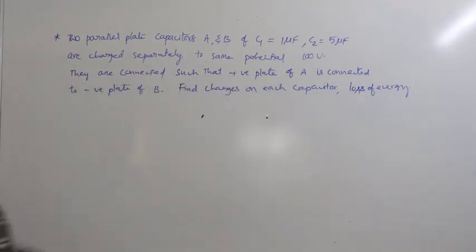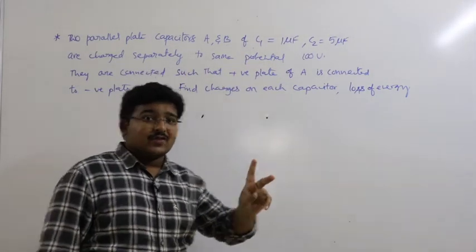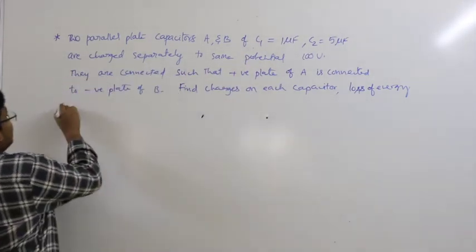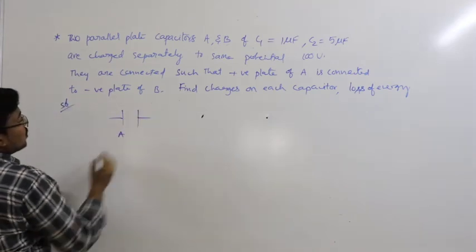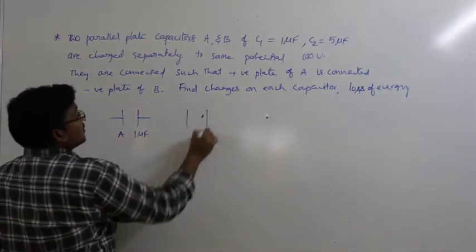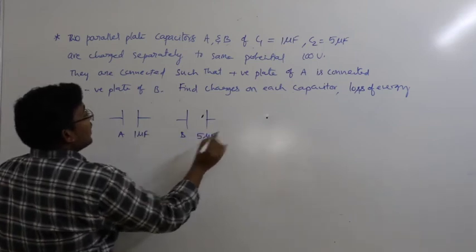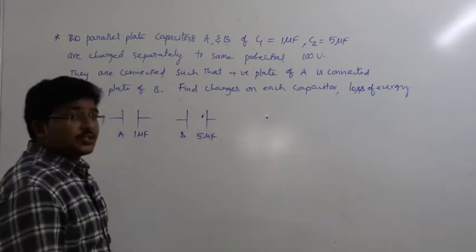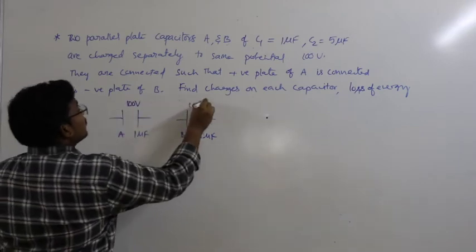So here there are two capacitors A and B, their capacitance values are given, and they are charged separately. For example, this is capacitor A whose capacitance value is 1 microfarad and capacitor B whose value is 5 microfarad, and they have been charged separately to 100 volts.